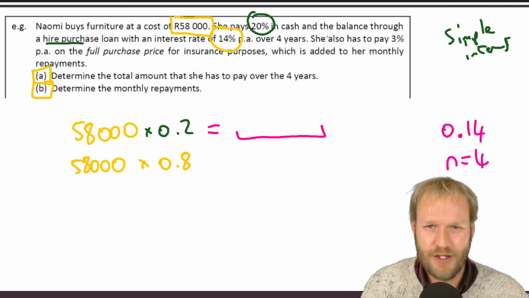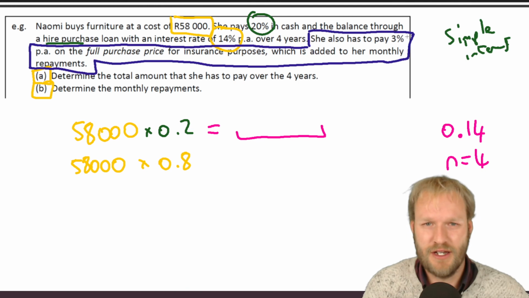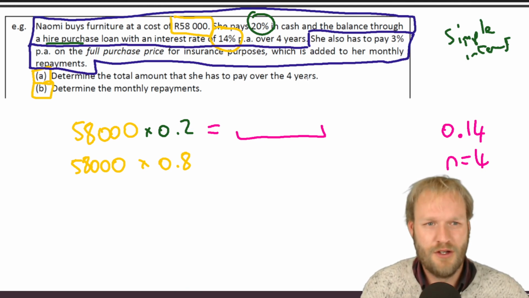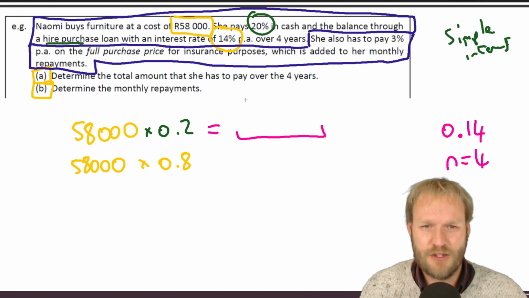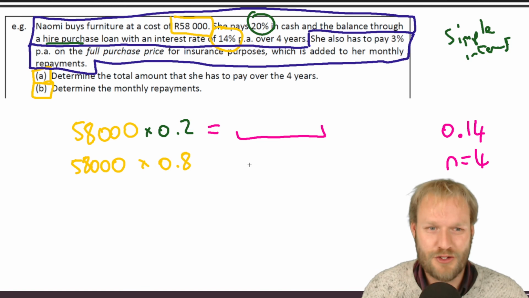So my hint to you when you solve this is that the insurance amount you can do separately. That's going to be a separate calculation to the first calculation here. Determine the total amount that she has to pay over the 4 years. This is going to take a little bit of involvement to do, right?